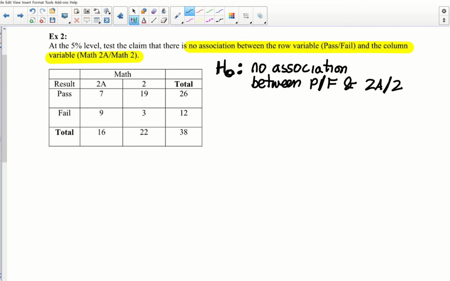This is actually a real data analysis I did back when I was first starting to teach. I was teaching two math courses on a high school level. One was called Math 2A and one was called Math 2. The Math 2A was a designation for a below grade level course. Some schools call them remedial, some call it extended. Most schools try to be very politically correct about it, without designating it as something that is less than the standard level.